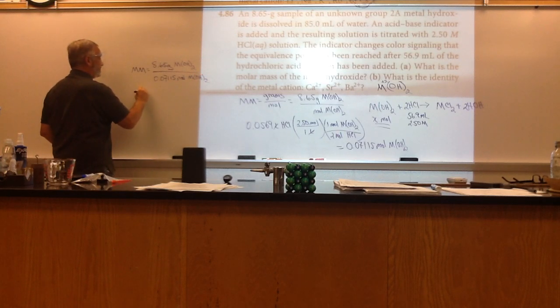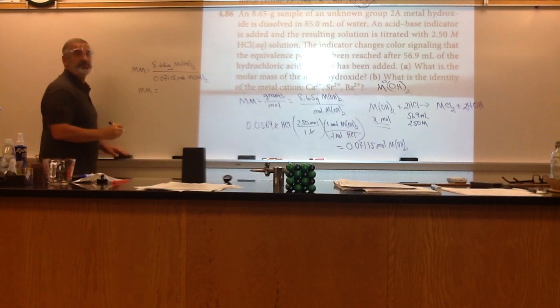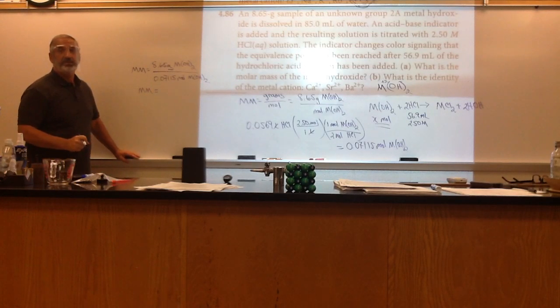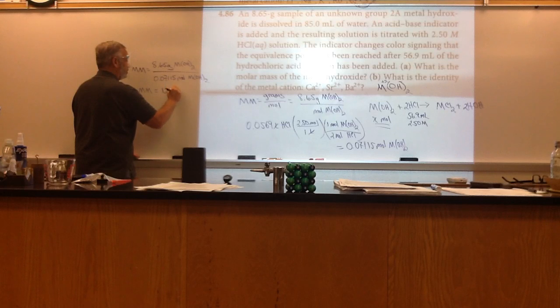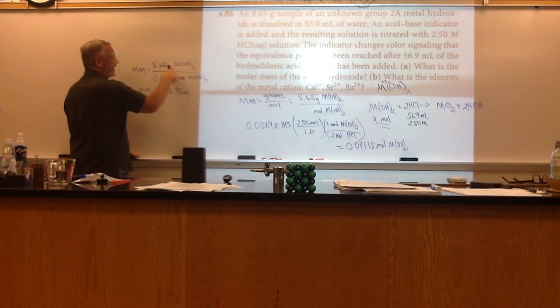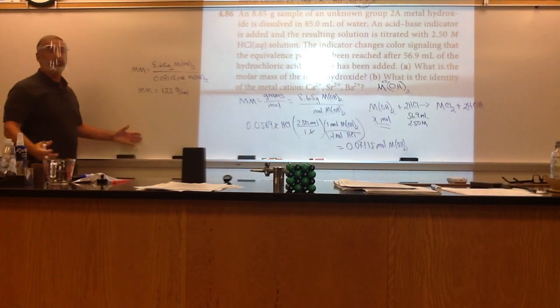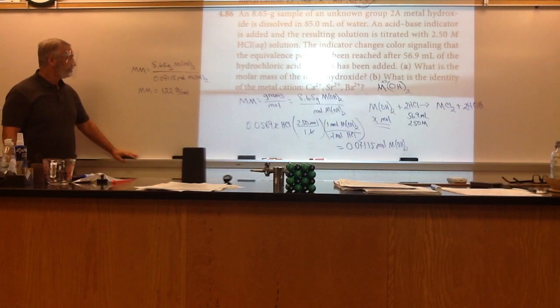So the molar mass is equal to 122 point, it's 360, so 122 grams per mole. Notice units don't cancel here at all, so it's grams per mole, which is what we want molar mass to be. Okay, so that's the answer to A.